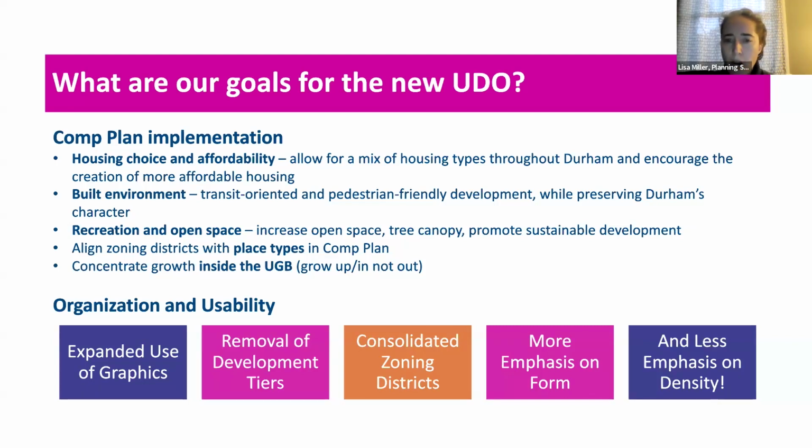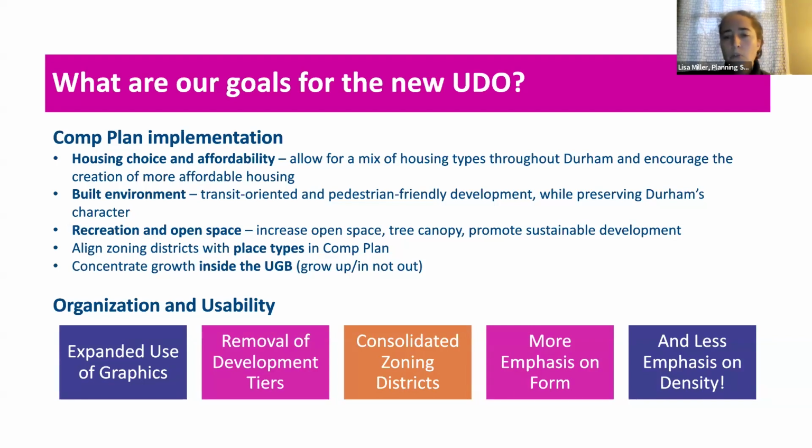And also as part of that comprehensive plan implementation, as well as the usability, we have what are currently called development tiers. There's one around downtown, one around our compact neighborhoods where light rail transit was proposed, and then urban, suburban, and rural tiers that are layered on top of our zoning district requirements and can cause confusion and difficulties.